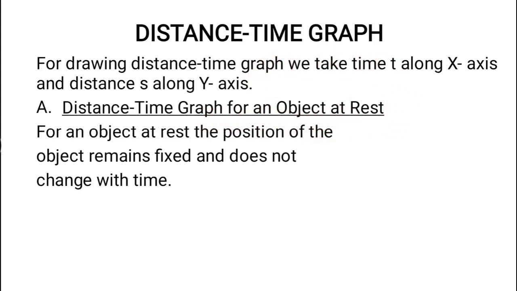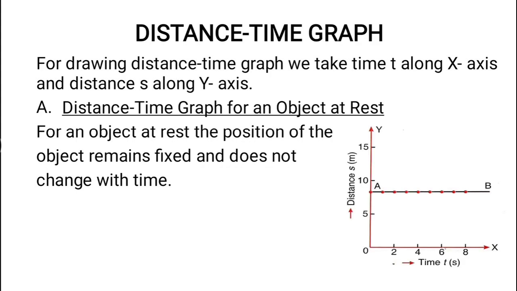Now students, you know that an object is said to be at rest if the position of the object remains fixed and does not change with time. So let us suppose that an object is situated at a distance of 8 meters from the chosen reference point, as we can represent in the graph.